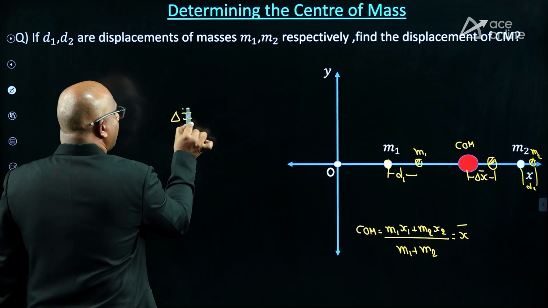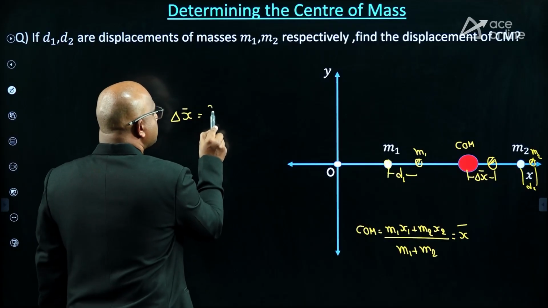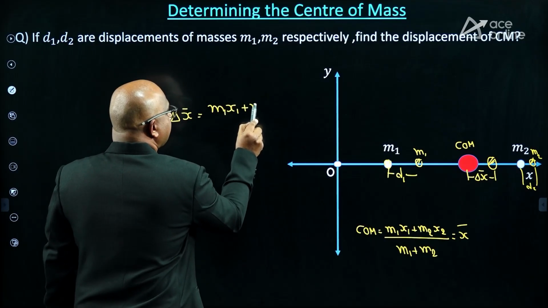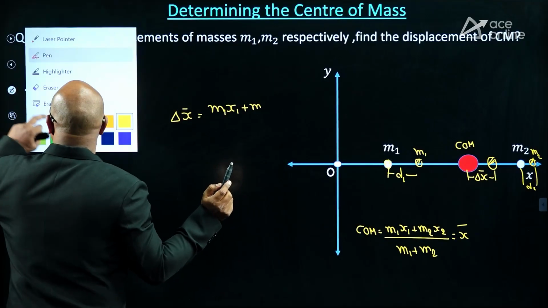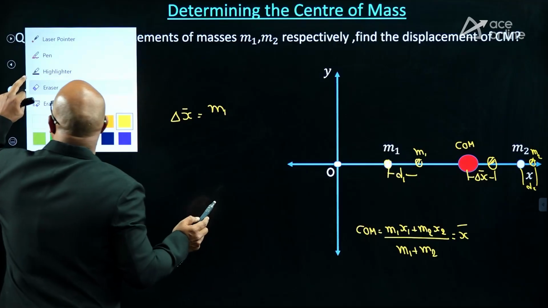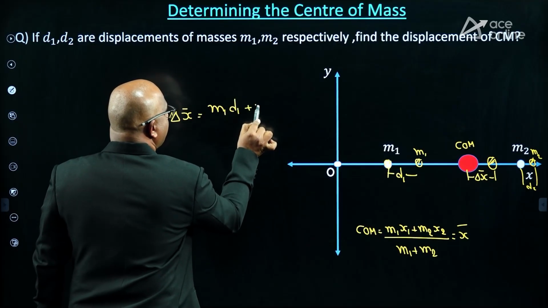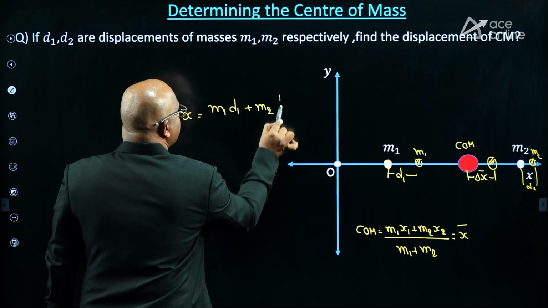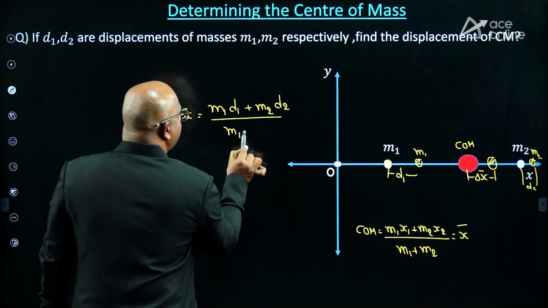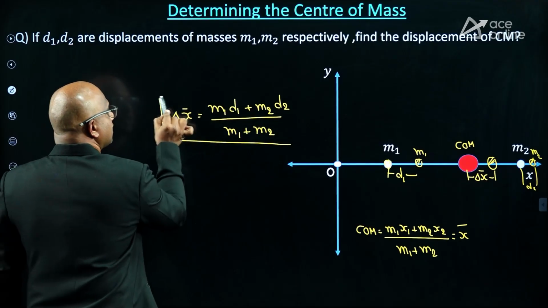Delta x bar equals the distance moved by the center of mass, guys: m1 d1 plus m2 d2 by m1 plus m2. This is a shortcut to answer this question, guys.